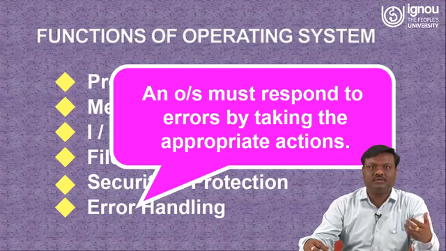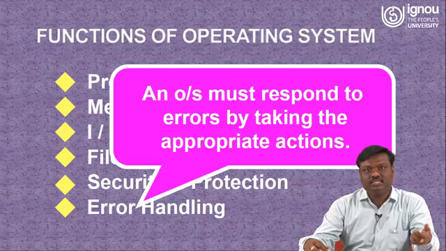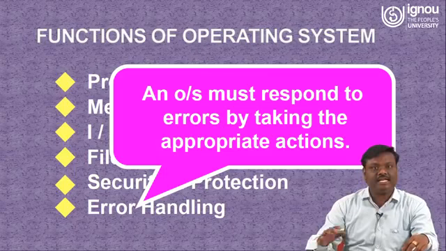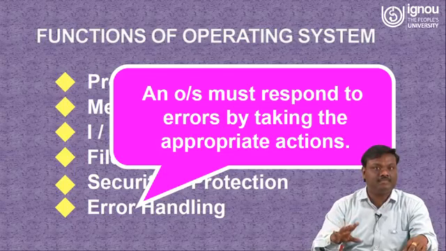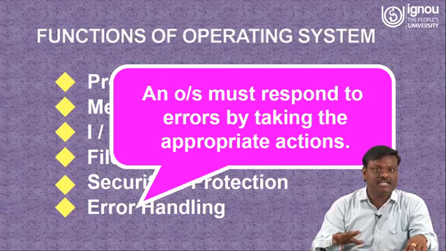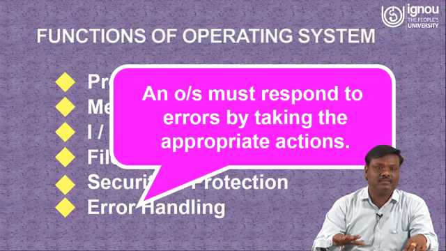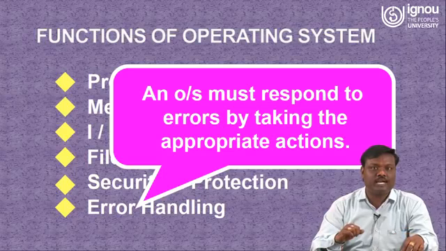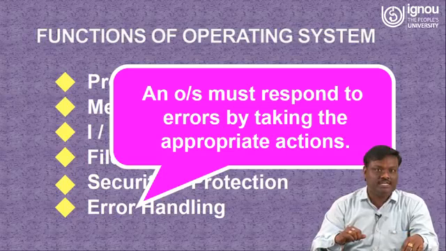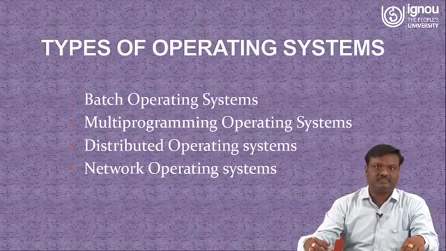There should be a message or appropriate action displayed to the user. All these error handling techniques and other programs pertaining to errors and recoveries need to be handled by the operating system, and that group of programs or software comes under the error handling software of the operating system.